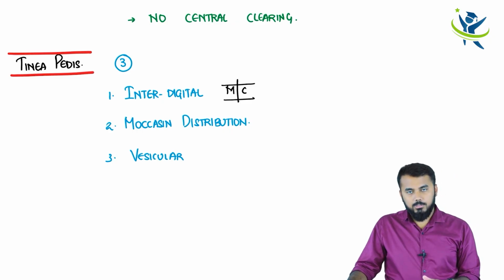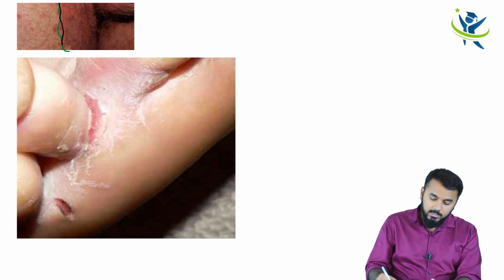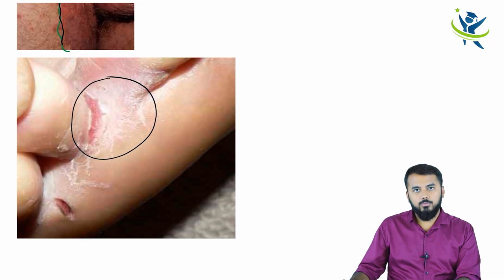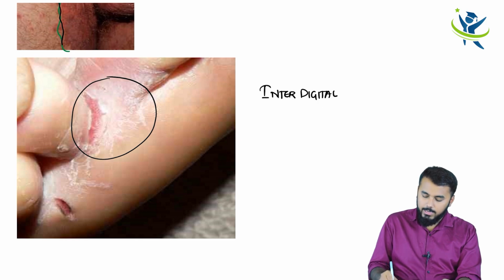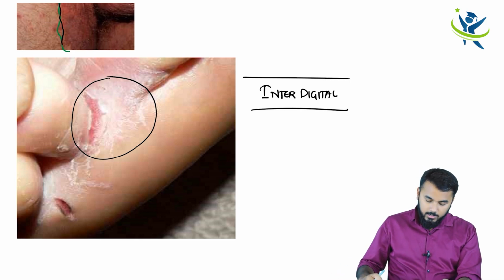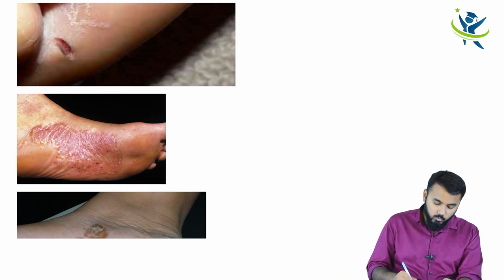Now let us look at the pictures. In this picture, the infection you can see is in between the toes of your foot. So this is called interdigital type. In the next picture, this is called moccasin presentation, right? It is widespread and has a very clear border.